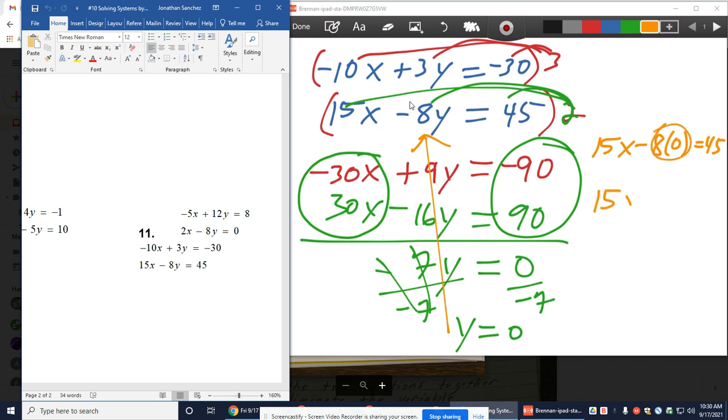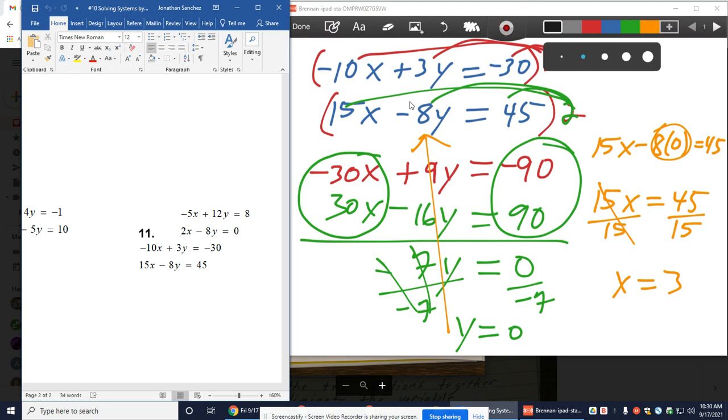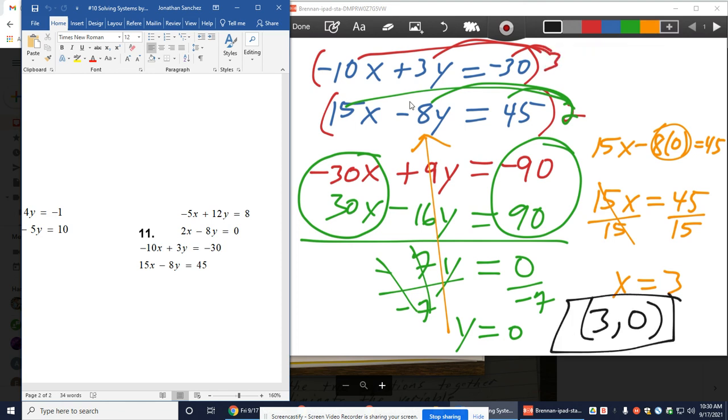So now I have 15x equals 45. Divide by 15, divide by 15, cancels, and x equals 3. So what's my final answer? 3, 0. I'll stop there.